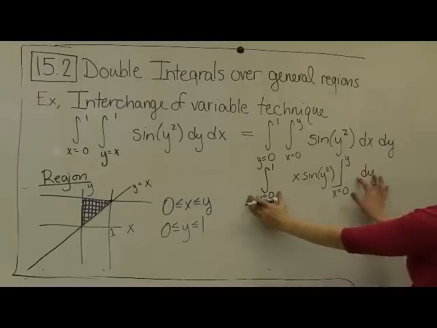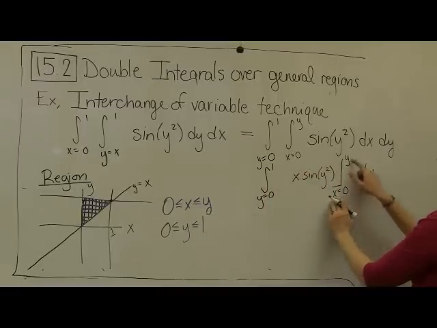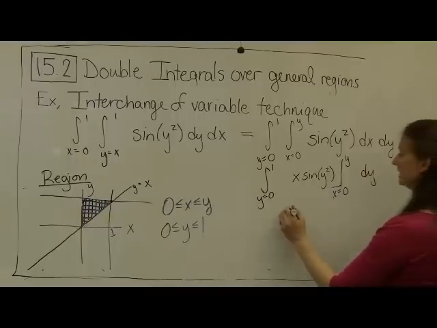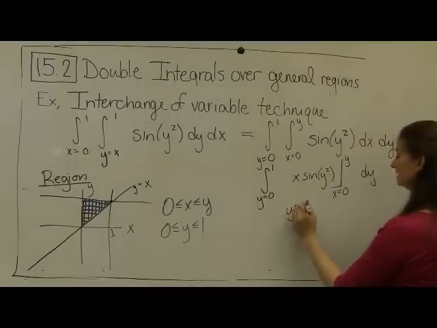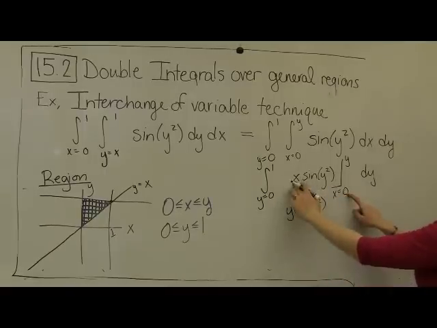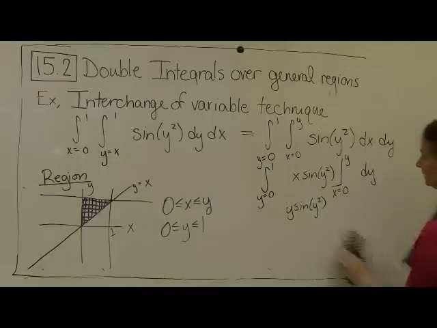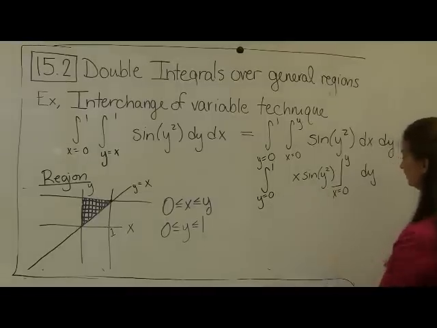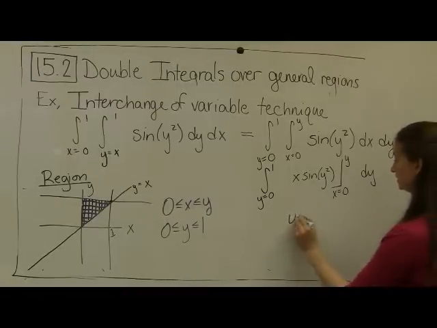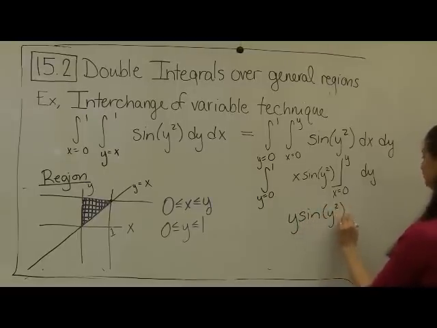I plug this in and I see that I get y sine of y squared minus 0, because I would have to subtract out the lower bound, which is just 0. So y times the sine of y squared.